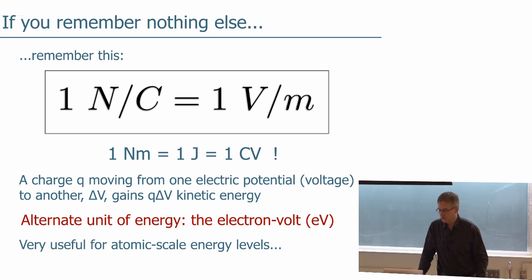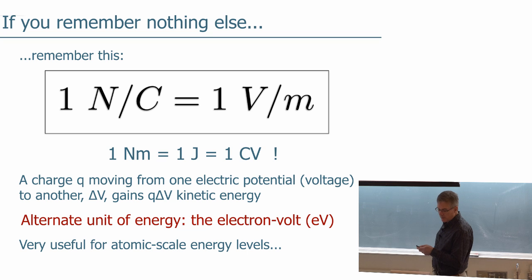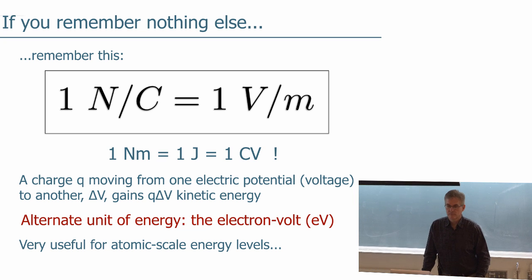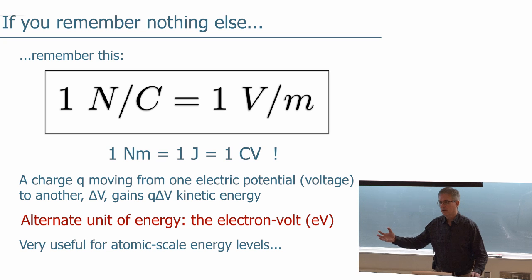You can see that this is true pretty easily just by multiplying through by coulombs and meters, and you see that 1 Newton meter, which you know is 1 joule, is 1 coulomb volt. This is kind of our mechanical definition. This is where we connect our electric quantities to the mechanics stuff you did in Physics 7A and Physics 7B.